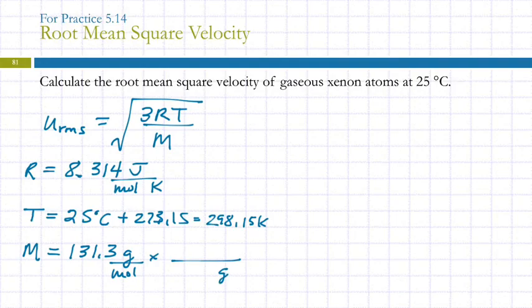So grams down here, kilograms up there. Kilo means 10 to the positive 3. So I've got kilo on top, I'm going to put what it means underneath. 1 kilogram is 1 times 10 to the third grams. So that's going to be 0.1313 kilograms per mole.